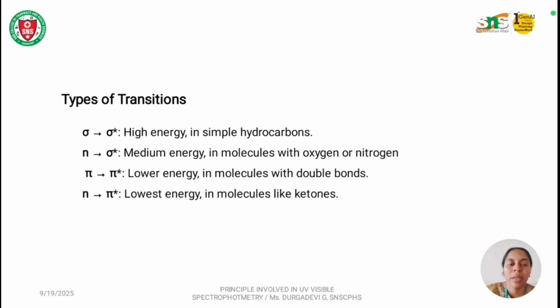They require medium energy for transition. And the pi to pi star transition will happen in double bond components and they require lower energy. The n to pi star transition will happen in compounds or molecules like ketones or aldehydes, and it requires very low energy. So with the help of these transitions, the energy changes will happen inside the molecule.